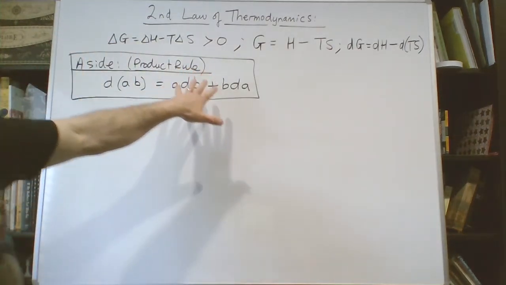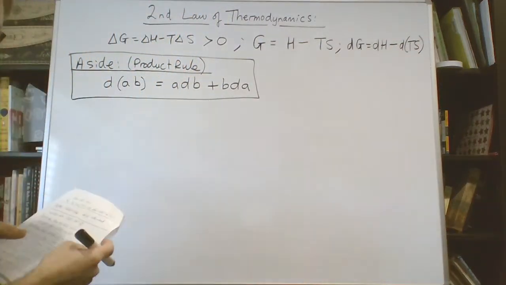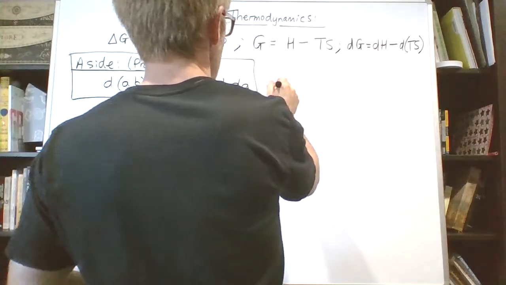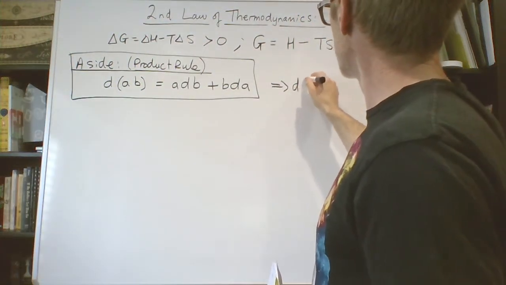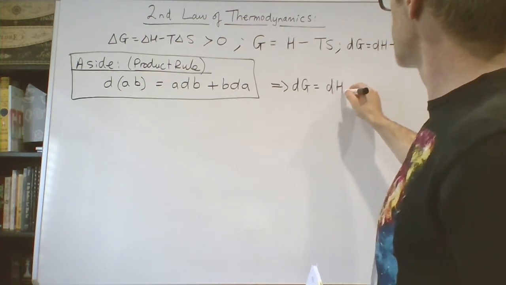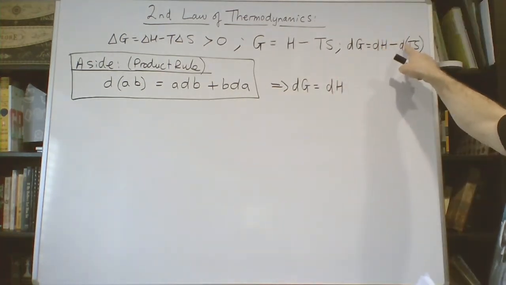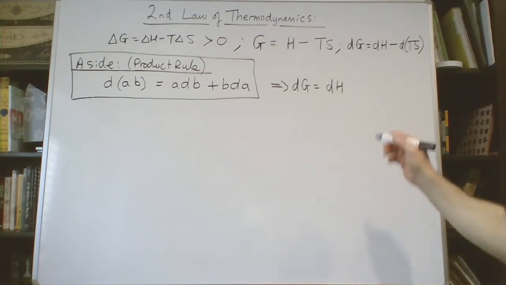So that's our little aside. If we now apply this product rule to this expression, specifically to the d(TS), then I've got dG is dH, but then I apply it to this term here.